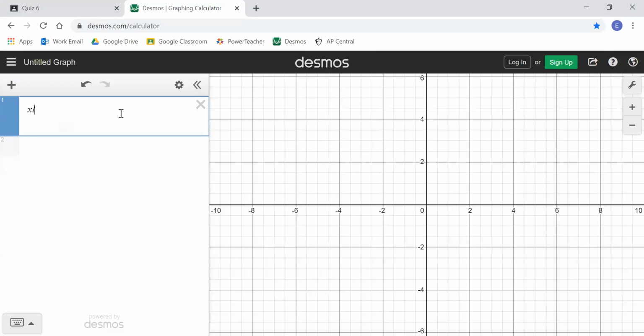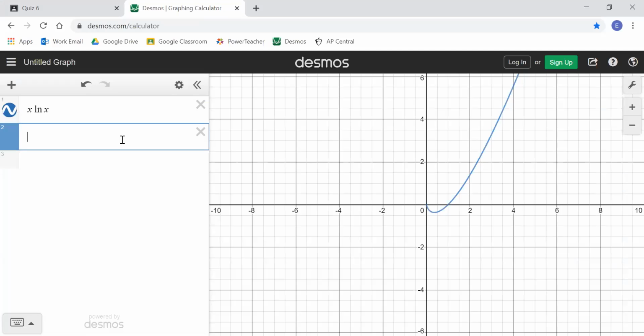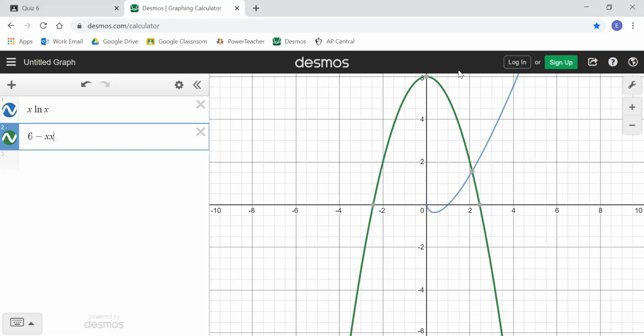I think our first one was what, x ln x? Yeah. And then 6 minus x squared. And so if we're looking at that graph, we can clearly see that between 1 and 2, the parabolic function is always above the logarithmic function. Everybody agree with that?